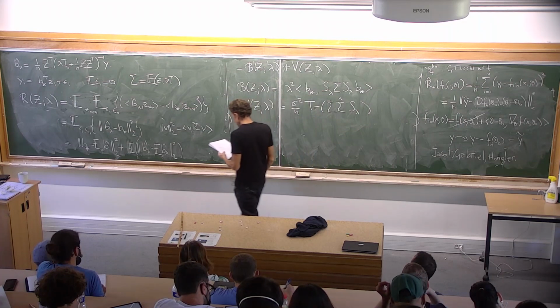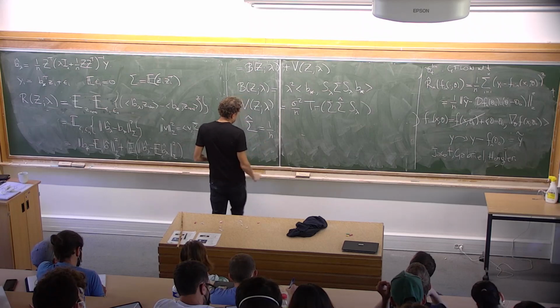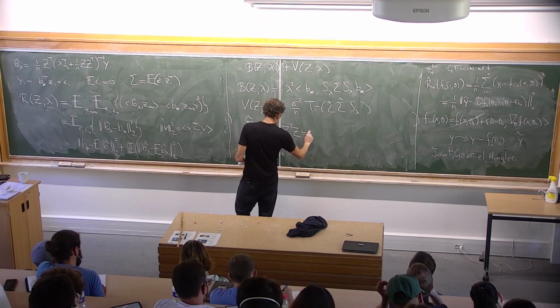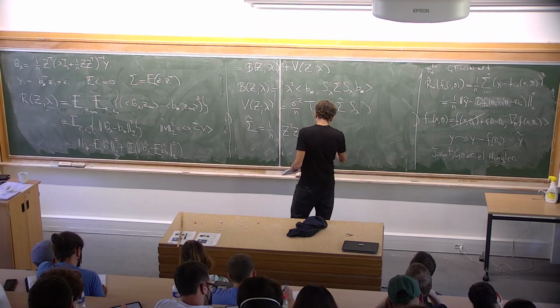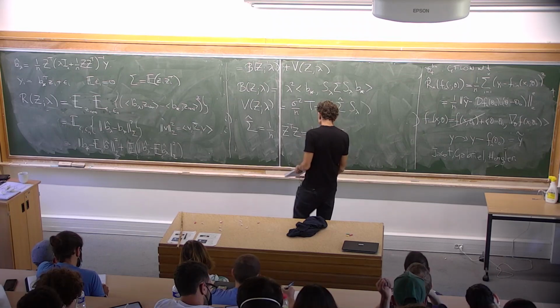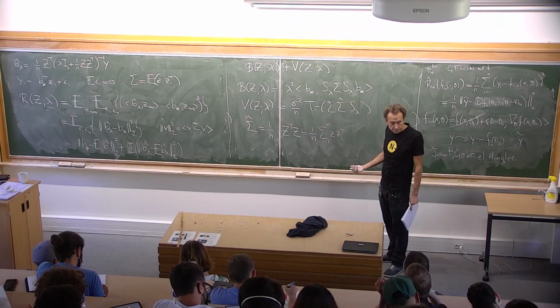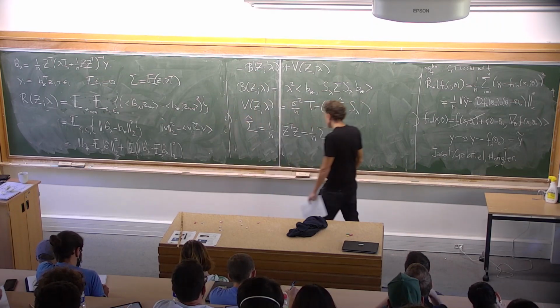And what are these objects? Sigma hat is just the empirical covariance, z transpose z. So this is 1 over n sum over i, 1 to n, z_i z_i transpose. So this is the empirical covariance of my Fisher vectors. The expectation is, of course, Sigma.